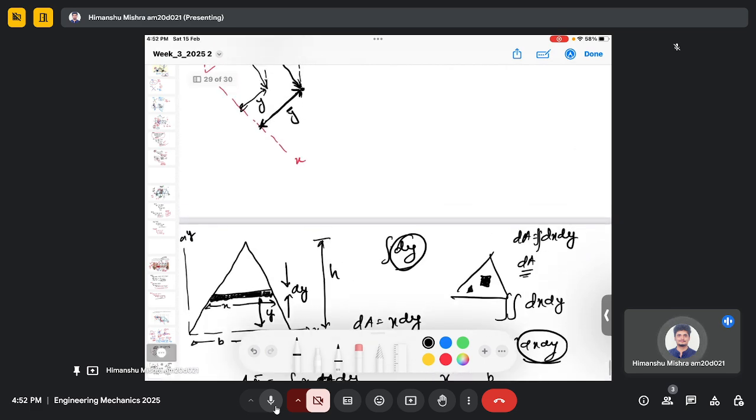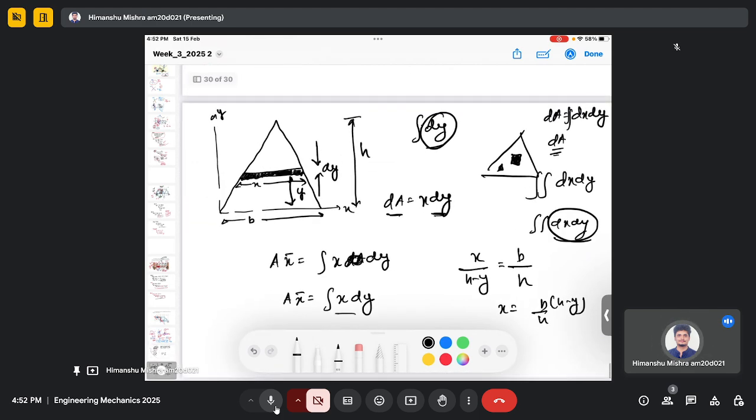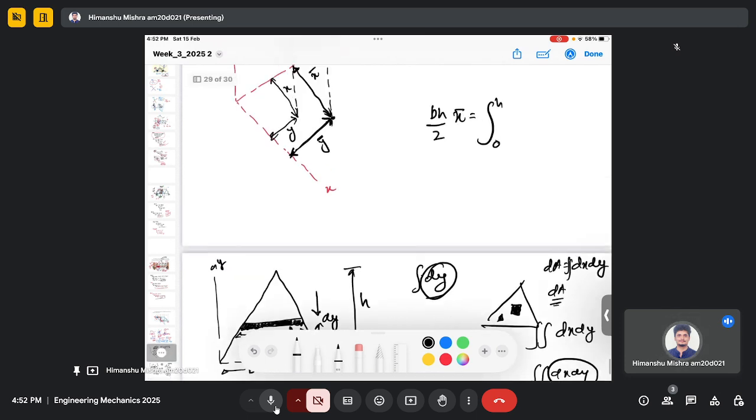So area of the triangle can be written as bh by 2 multiplied by x bar, integral h to 0 of x dy. So I can write x from this expression. So it will be b by h times h minus y dy. And this is actually y bar.